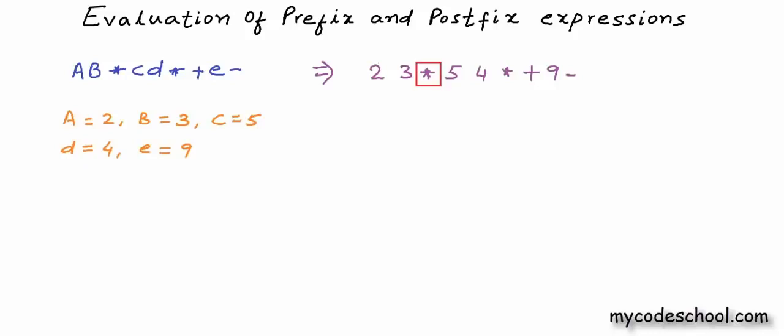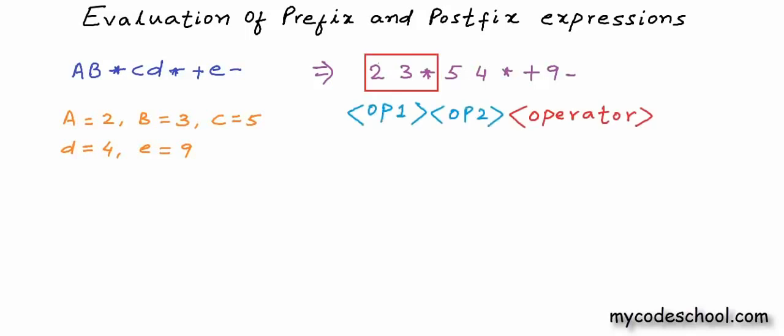Like here, multiplication is the first operator. In postfix expression, operands of an operator will always lie to its left. For the first operator, the preceding two entities will always be operands. You need to look for the first occurrence of this pattern, operand, operand, operator, in the expression. And now you can apply the operator on these two operands and reduce the expression.